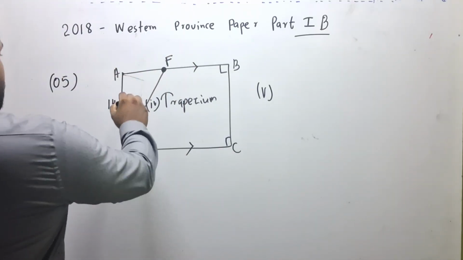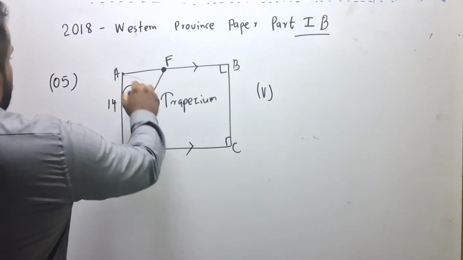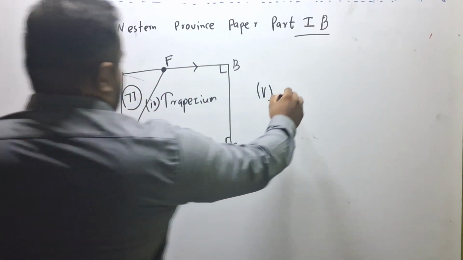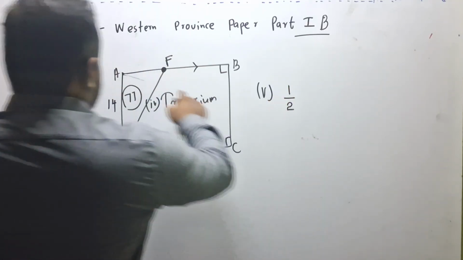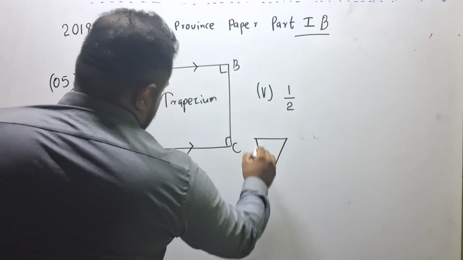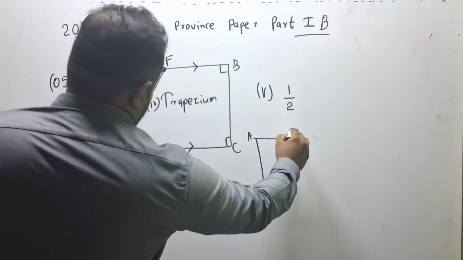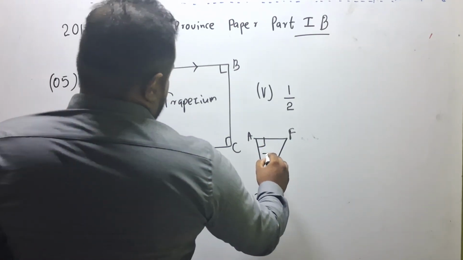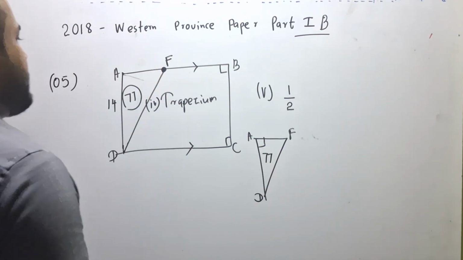What was the sector area we found? 77. So what we can do is, half into base of this triangle. I am drawing that triangle again. This is A, this is F, this is D, and 90 degrees here, and 77 square centimeters is the area.